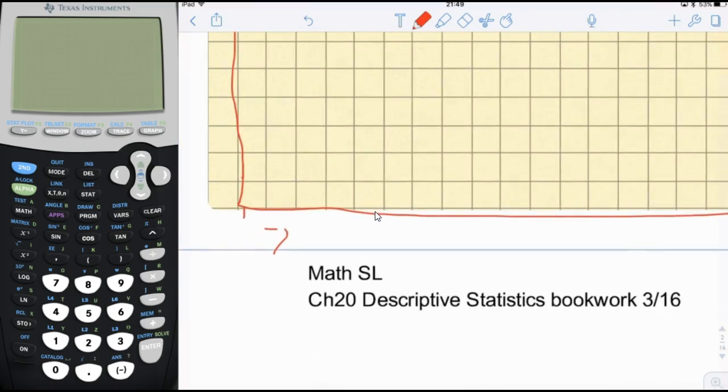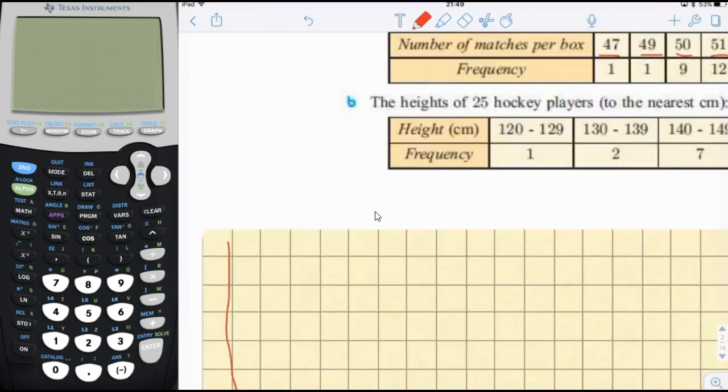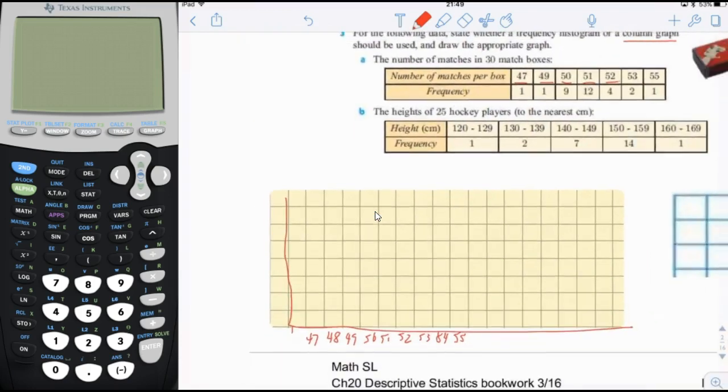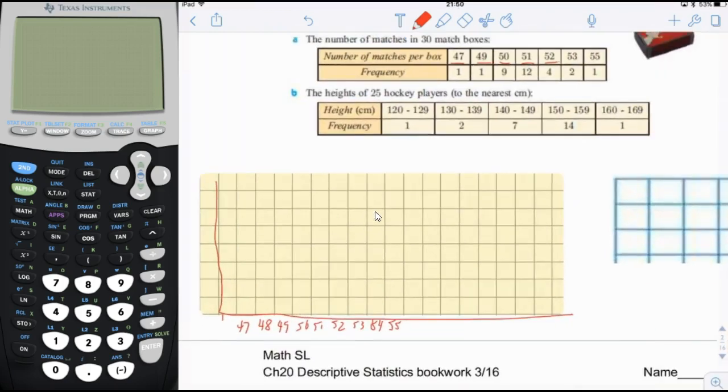It's really hard to write 47 in this little space. 47, 48, 49, 50, 51, 52, 53, 54, 55. Is that how far we're going? 55? Yeah, I think 55 is the highest. Okay, and then each one of these is going to have a column, which is not going to touch the neighboring column. This is going to be 2, 4, 6, 8, 10, 12. This is 12, this is 6, 2, etc.